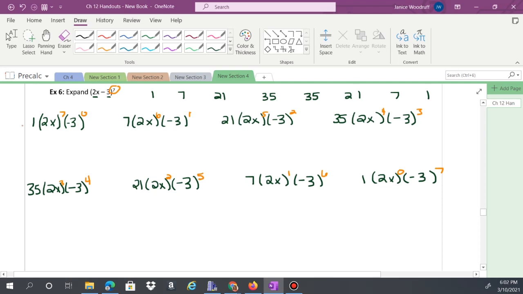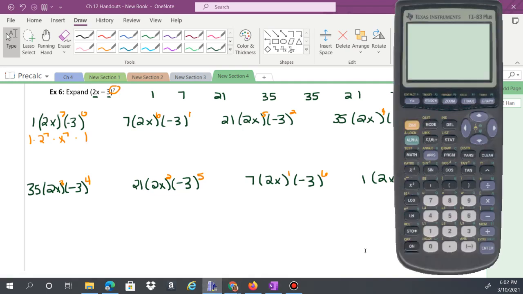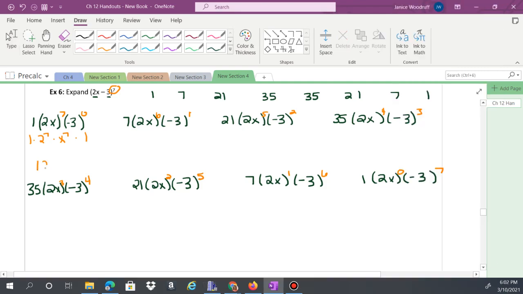Okay, so this is 1 times, now when there's more than one term here, you do have to distribute that exponent. This is 1 times 2 to the 7th times x to the 7th times 3 to the 0, which is 1. Okay, so 2 to the 7th is, I don't know off the top of my head, 128. So this is 128x to the 7th.